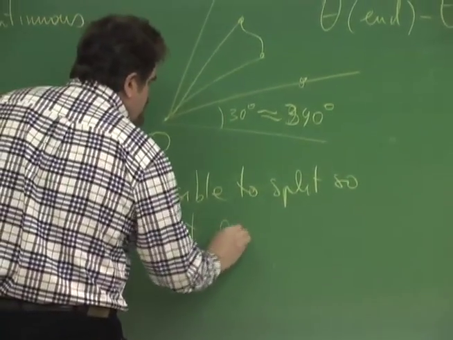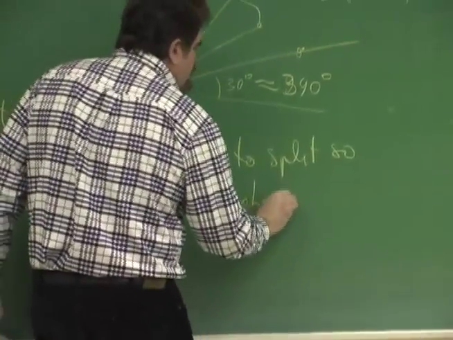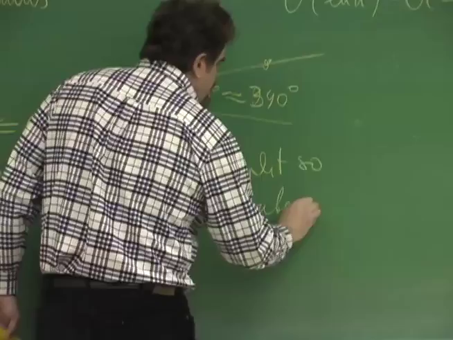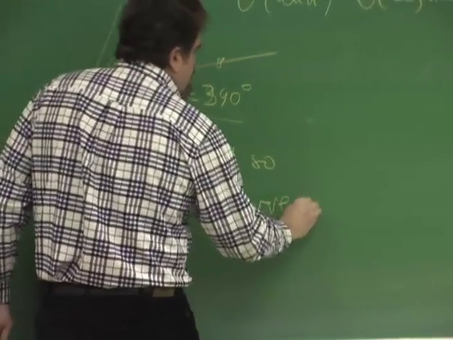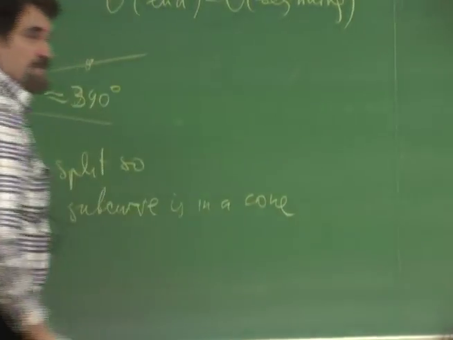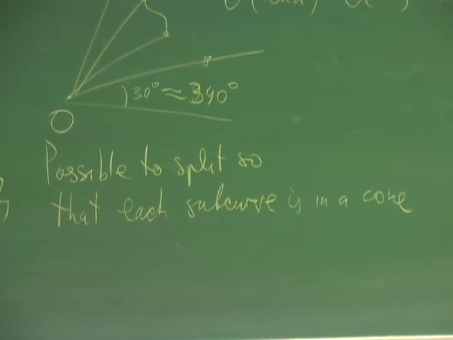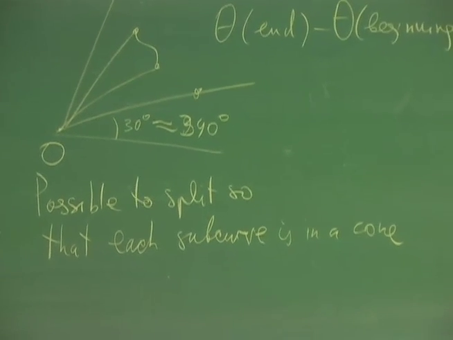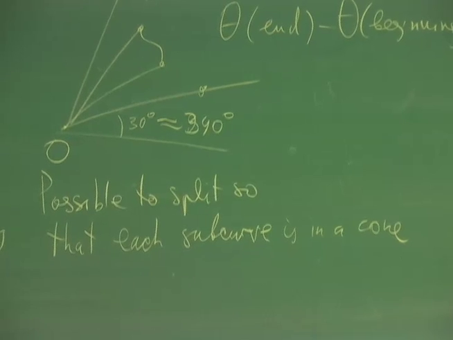each subcurve is in a cone. Well, it is easy. Say it is simply because of compactness of the interval.